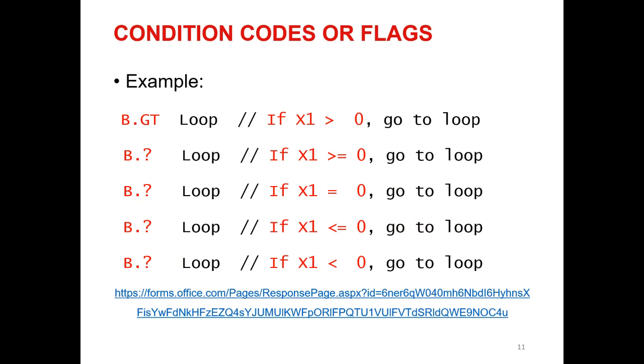So now I have an exercise for you. We have seen how to do the first instruction: go to the label loop if register 1 is greater than 0. So from what you have seen in previous slides, what do you think are the correct values to put here?